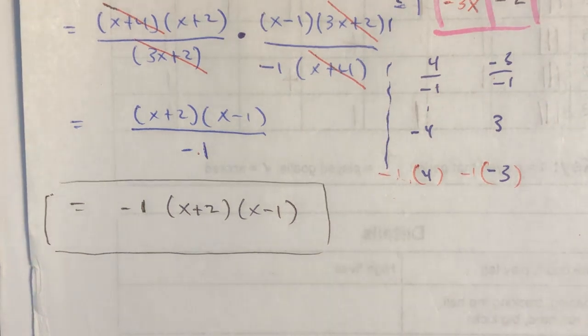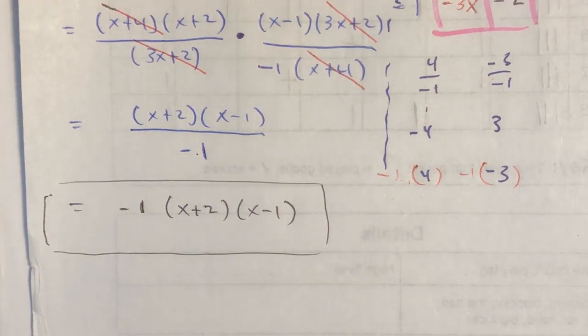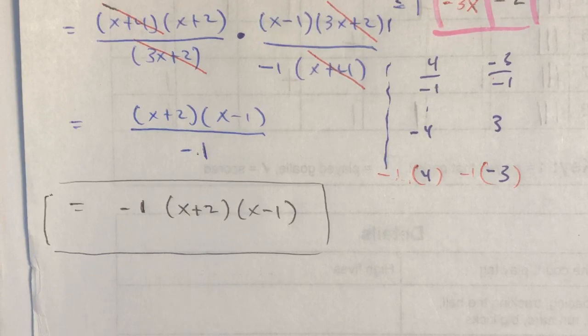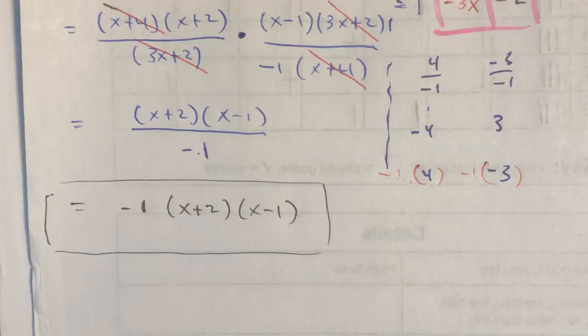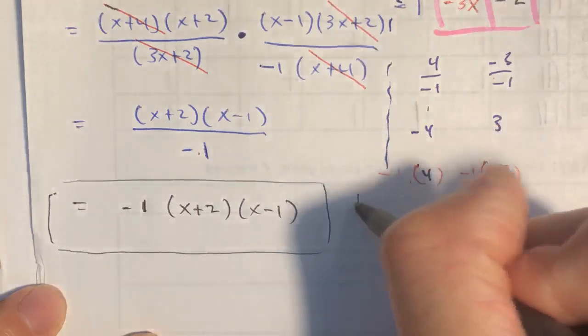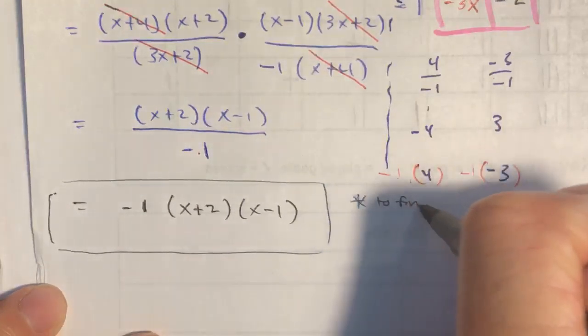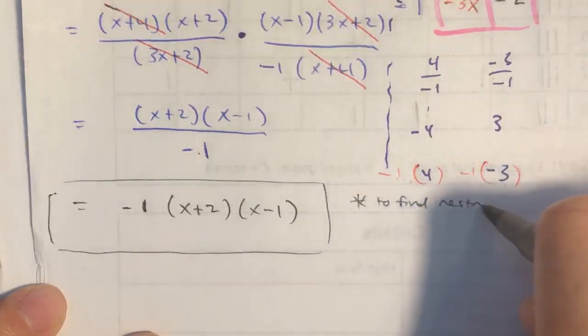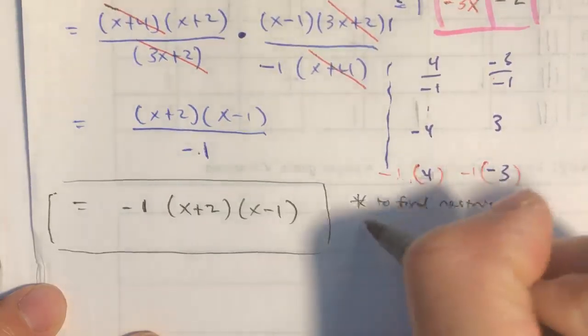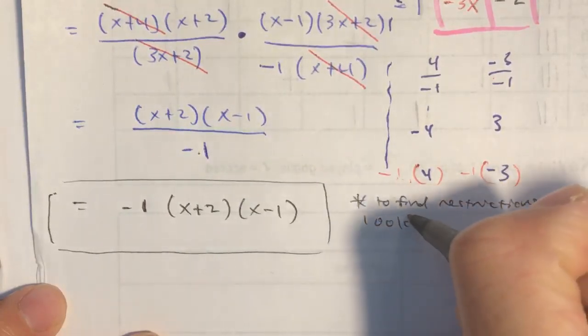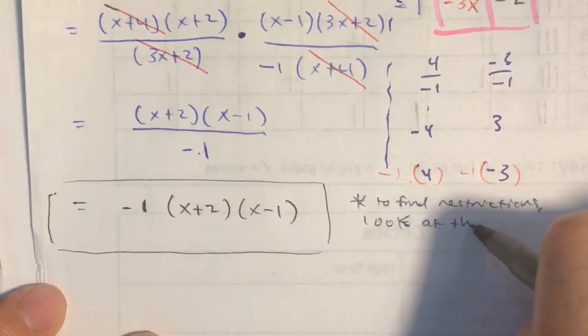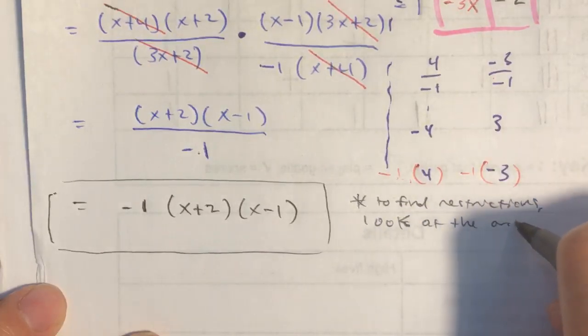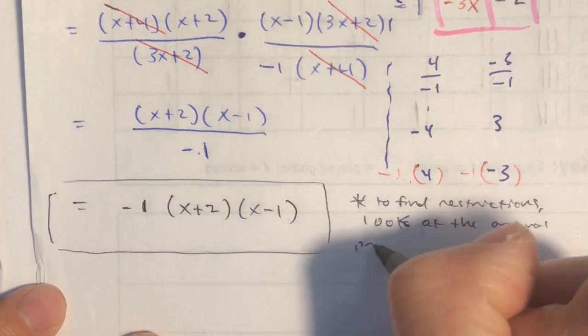But now we have to list the restrictions. The question is, what are our restrictions? Original problem. Let's write that. To find restrictions, look at the original problem.